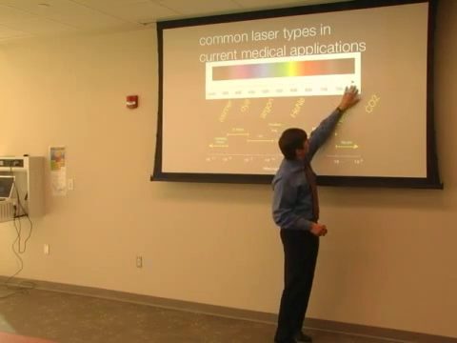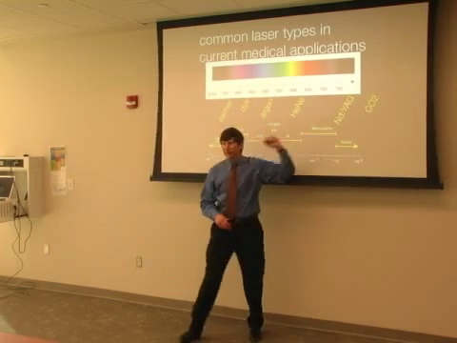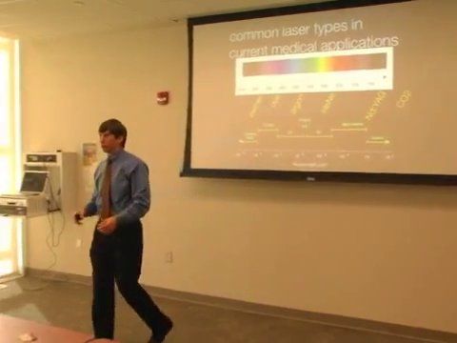Getting into infrared, this is the kind of laser that would be used for hair removal. If anybody's ever had laser hair removal done, it basically just blasts away at the root of the hair.